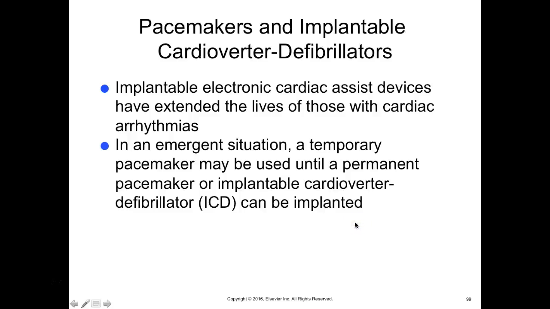Pacemakers and implantable cardioverter defibrillators: if somebody needs a device, so if they need a pacemaker, that basically means they need a device in there to set the pace of their heart. A defibrillator or cardioverter, when the person goes into fibrillation, sends a little jolt and kind of resets, so it takes them out of fibrillation.